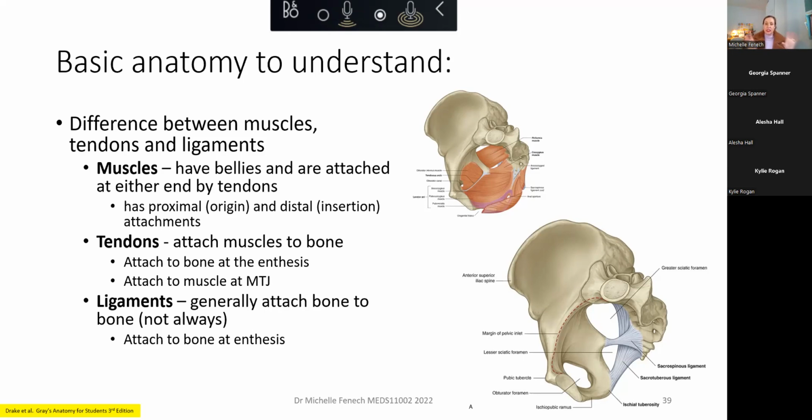But we're going to come across that in a lot of different areas. Because those words are so long, sometimes you just write MTJ because it's much faster. We use a lot of acronyms just because the anatomical terms can get so long. Still following? Yes, thanks.